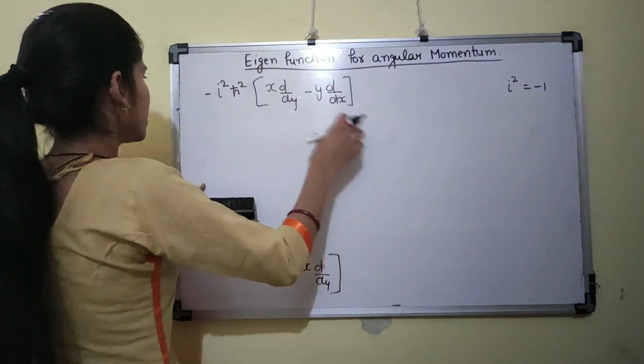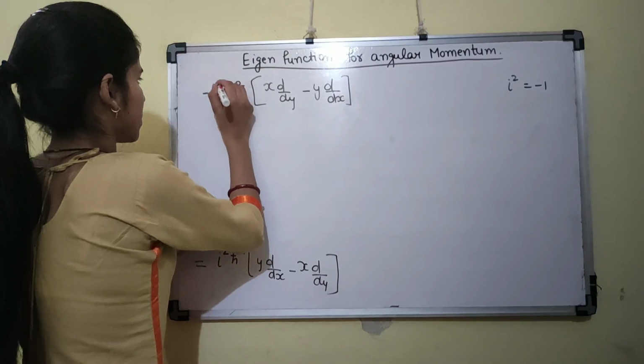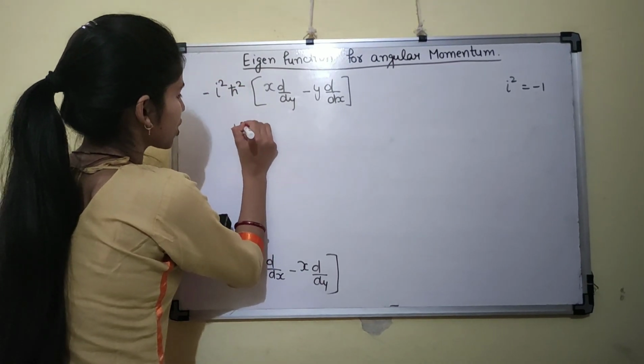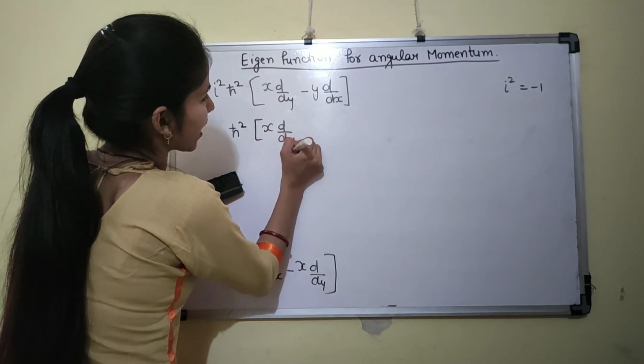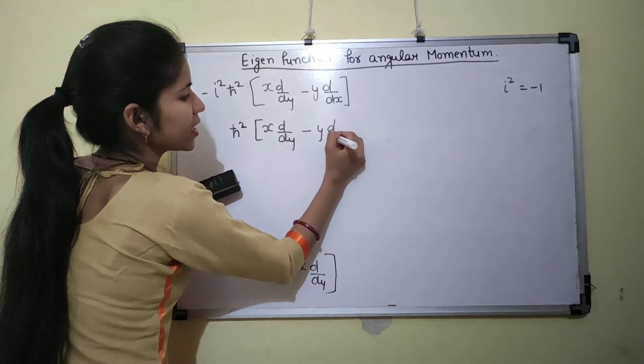So this minus 1 and this minus will cancel out. So there is h cut square, x d by dy minus y d by dx.